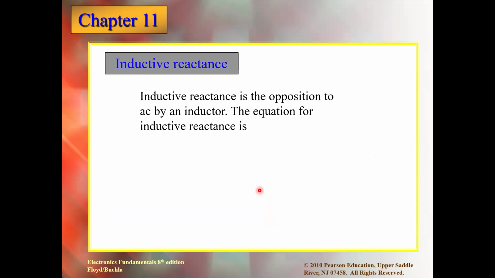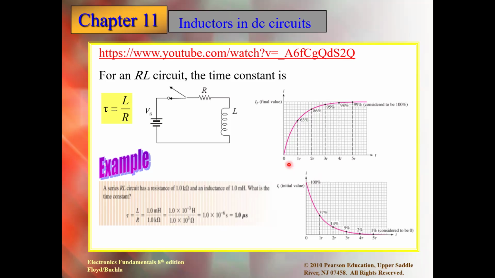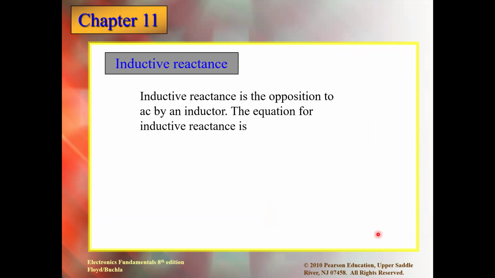So again, as the inductor starts discharging, it reaches 0. There is something which is blocking, opposing the flow of current. So there is again a reactance, similar to the reactance in the capacitor we have seen. Here we call it inductive reactance. And what is that? It is the opposition to AC by an inductor.